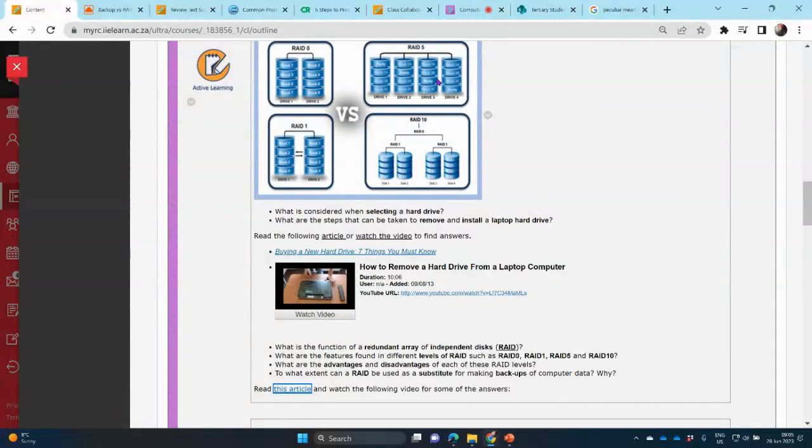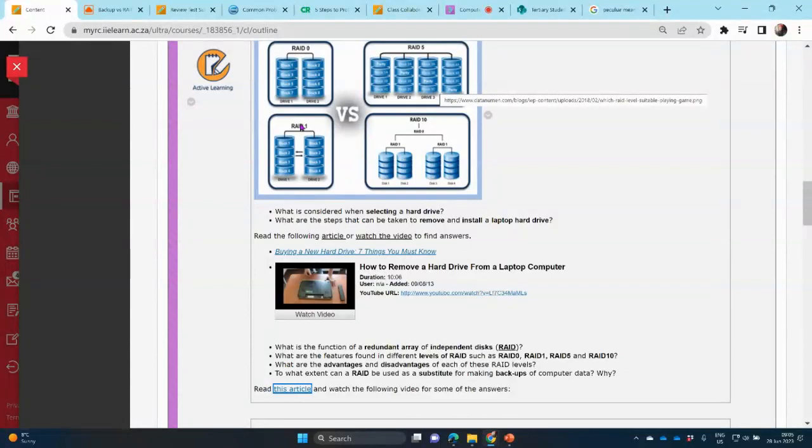For example, here in RAID 5, if one of these hard drives goes, I've still got the information on the other 3 hard drives because this is a stripe set with parity. So this has got performance and it's got fault tolerance. This one has got performance, but it does not have fault tolerance. So that's just striping.